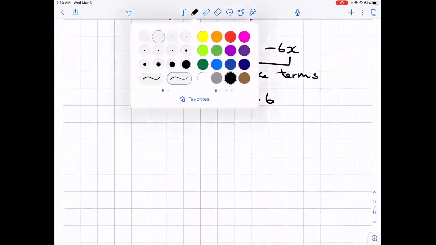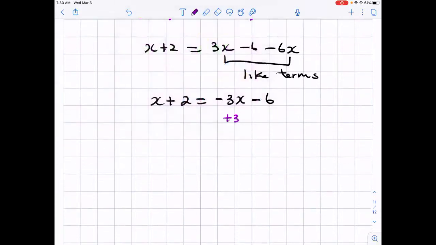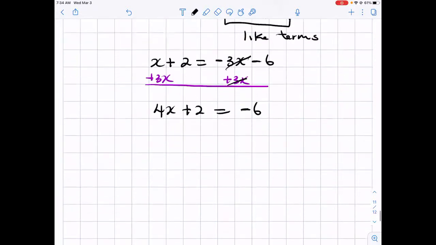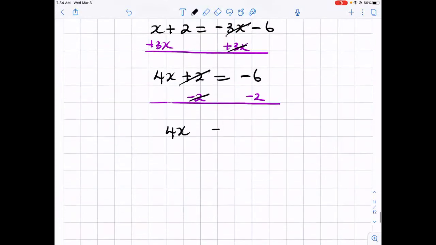I always like moving the smaller x first, so I'm going to add 3x on both sides. I'm going to add 3x, and that leaves me with 4x plus 2. This cancels with this, minus 6. And then we subtract 2 on both sides. And if I do this, that will leave me with 4x plus 2 and a minus 2 becomes 0, and that is equal to minus 8.